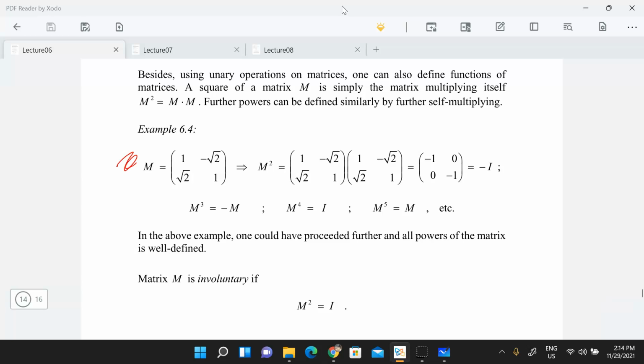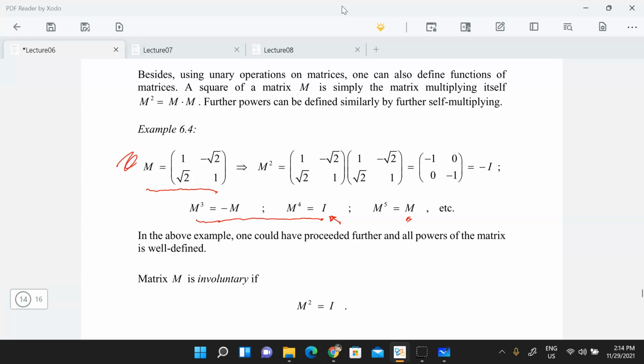Okay, it's working now. So we have this m that has this periodic property, where the period is essentially 4, okay, until m to the power 4, and then when m to the power 4 gives you identity matrix, when taken to the 5th power, it goes back to m.